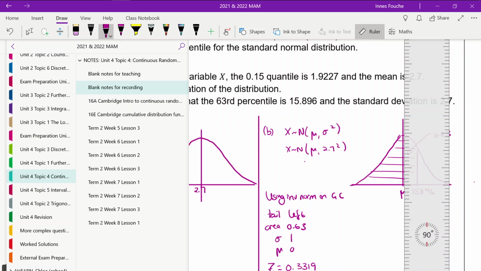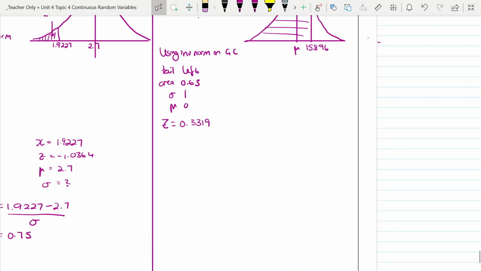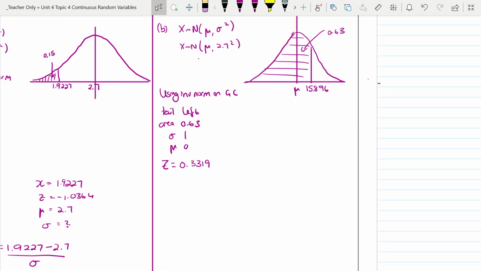Okay, so z is 0.3319. Now again, we want to be able to relate our z value and our x value using our standard normal formula. So we're going to have z is x minus mu over sigma. We have that z is 0.3319. We know that our x value is 15.896.